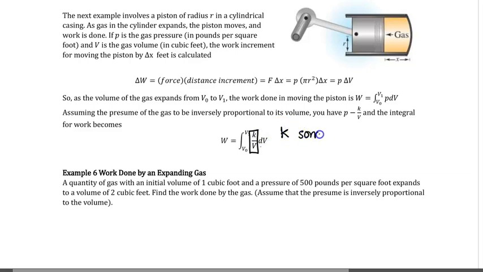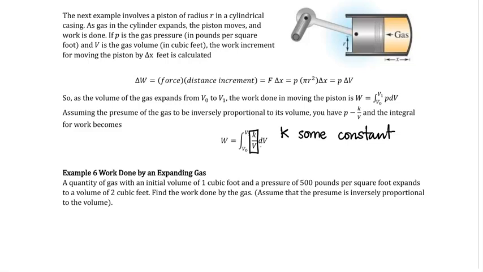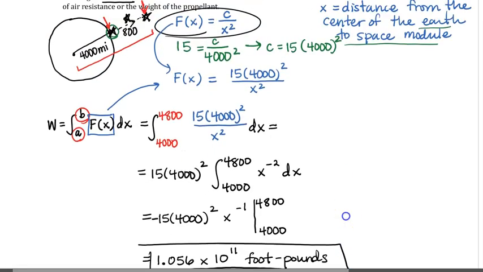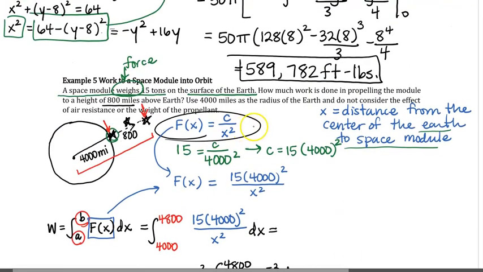K is some constant. You'll notice a theme in this lesson between these work integrals, that we're usually integrating some constant, and then there's a variable. It might be squared, it might be in the denominator. For instance, here we're integrating kv. In the previous problem, we were integrating c over x squared.